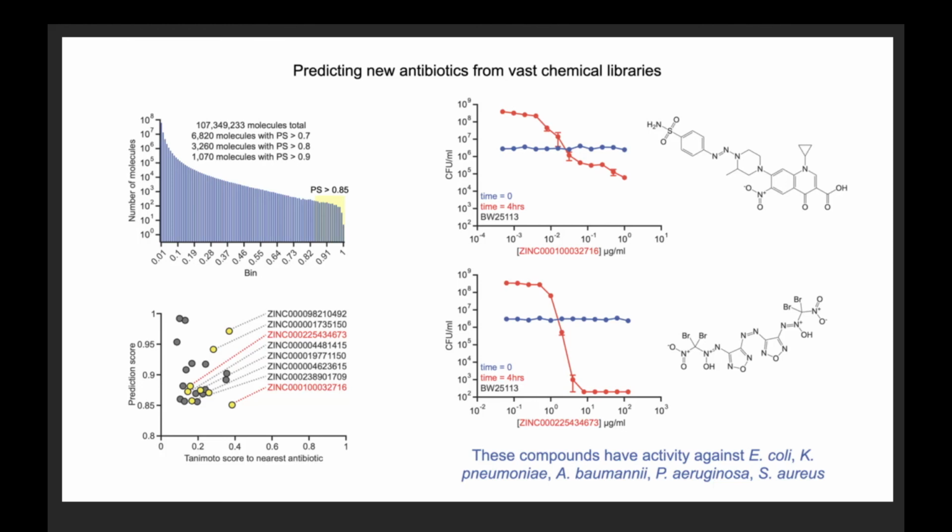And excitingly, 8 of these 23 empirically assayed molecules validated as antibacterial. Of these 8 molecules that empirically validated, 2 of them, shown on the right, displayed broad spectrum activity across a wide range of clinically burdensome bacterial pathogens. And these 2 molecules are currently undergoing investigation both for mechanism and potential in vivo efficacy.